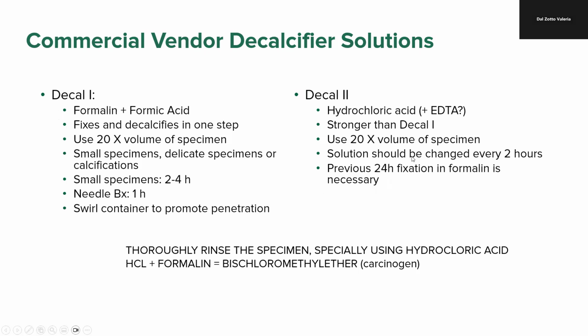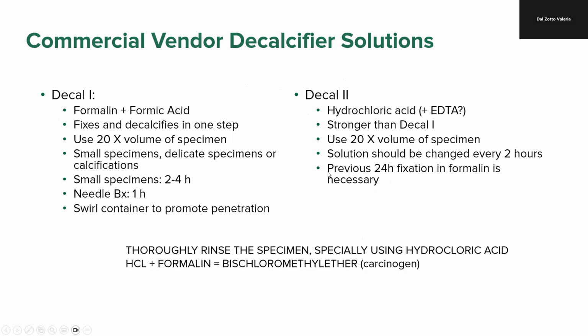So what happens after you have decided that your tissue is decalcified enough? You are going to take the cassette out of the solution and thoroughly rinse the specimen under the tap water, running water, especially if you are using the strong acid, because hydrochloric acid makes a compound with formalin.